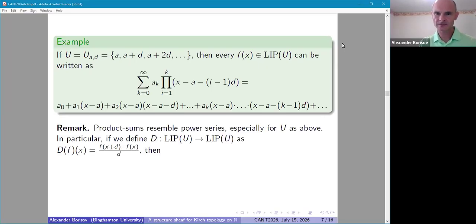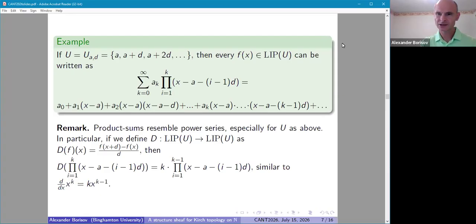And in general, product sums resemble power series, but especially for such U. We can define this sort of discrete derivative by taking f(x plus d) minus f(x) and dividing by d. It will go from lib to lib. And the derivative of the kth term is k times the (k minus first) term. So this is just like for the usual power series and usual differentiation.